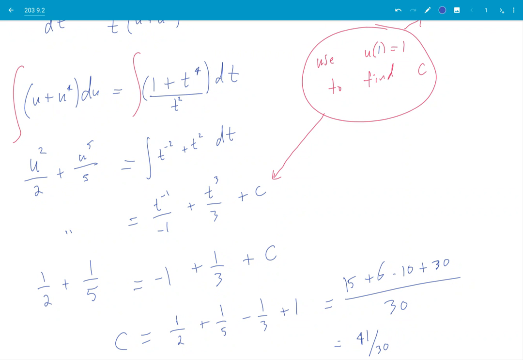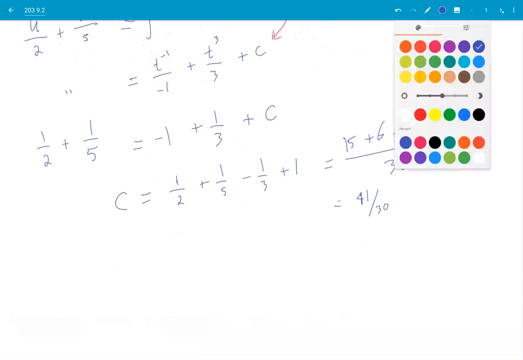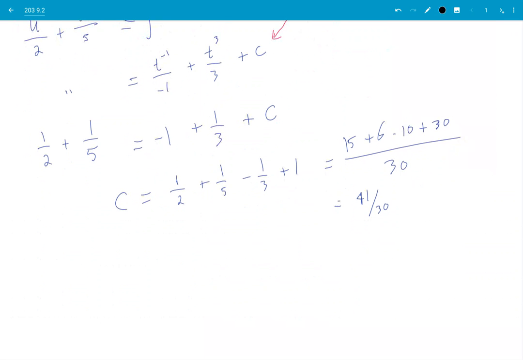Okay, so let's soldier on. Last thing to do is just to summarize our results. We're going to take this line and we're going to plug in the c that we found.